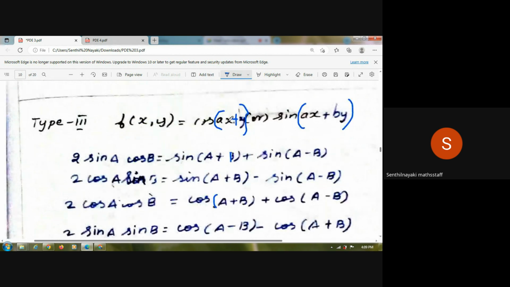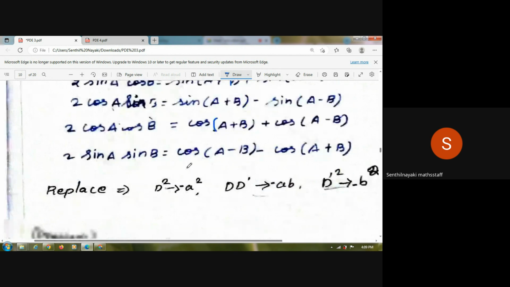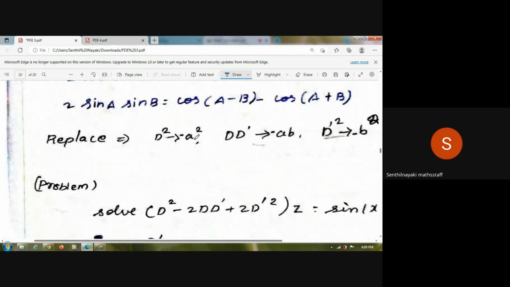In this case, for finding the particular integral, first we have to collect the a and b values. After collecting a and b, we have to find these terms.